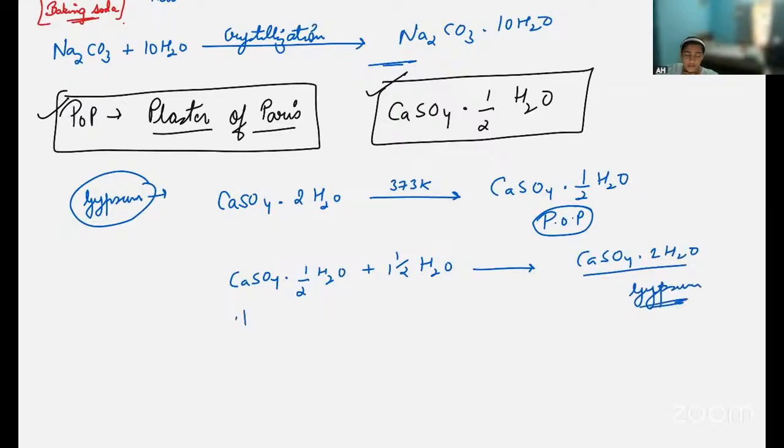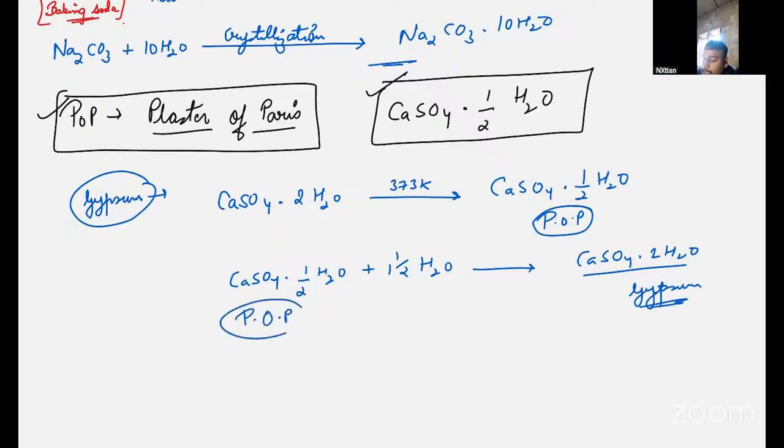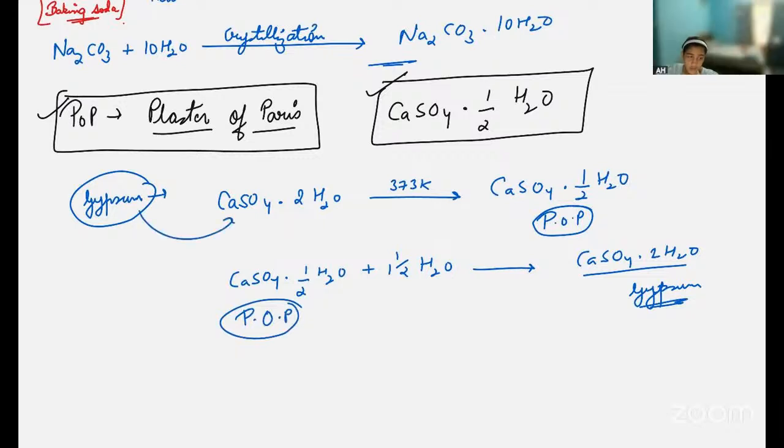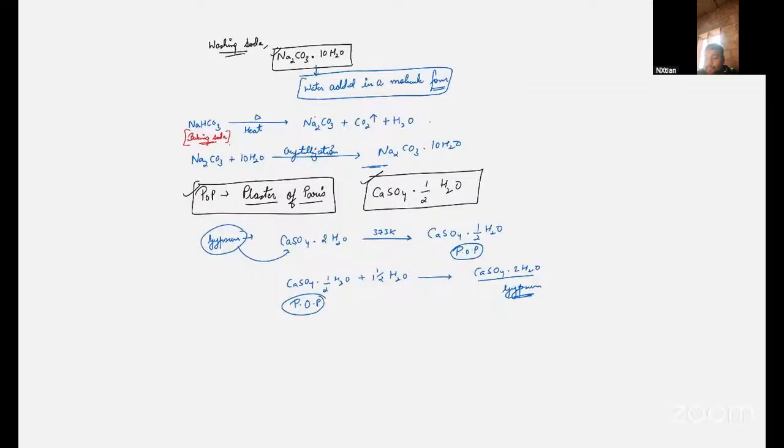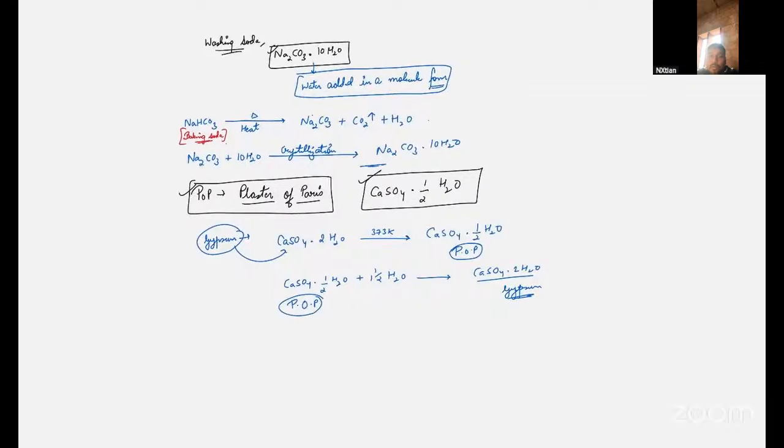So what is gypsum's chemical formula? Gypsum formula is CaSO4 dot 2H2O, and when you heat it at 373 Kelvin, then you will get POP.